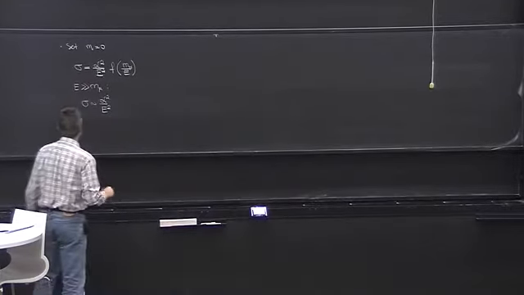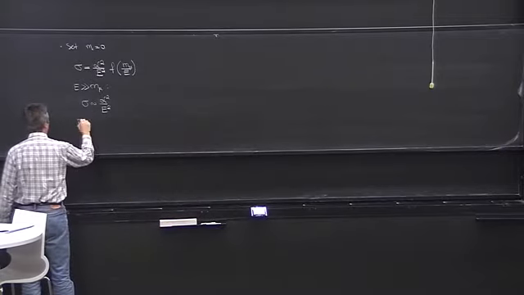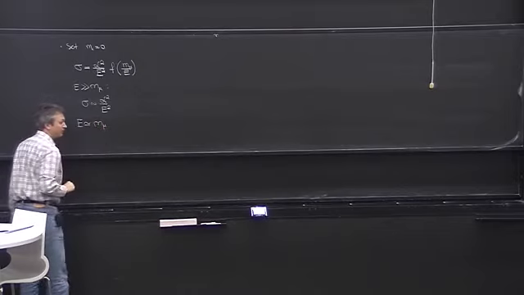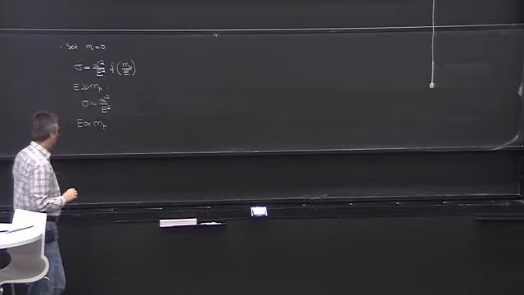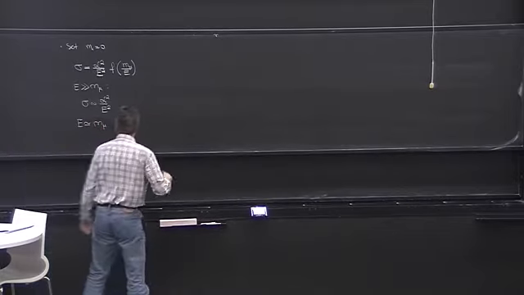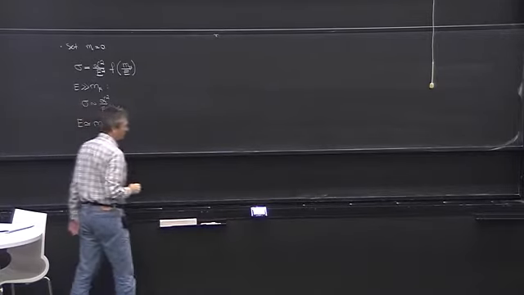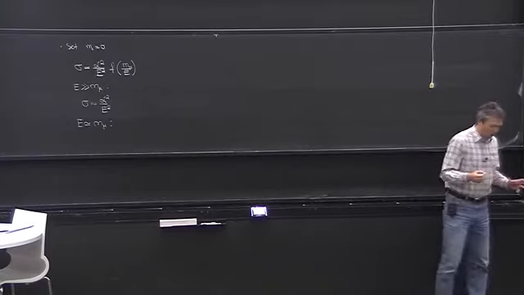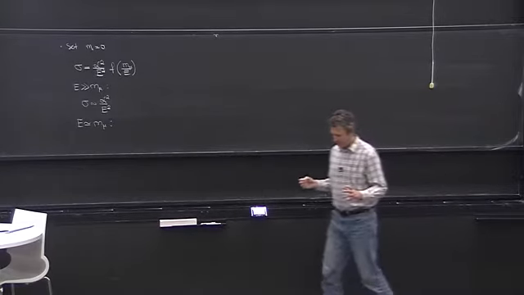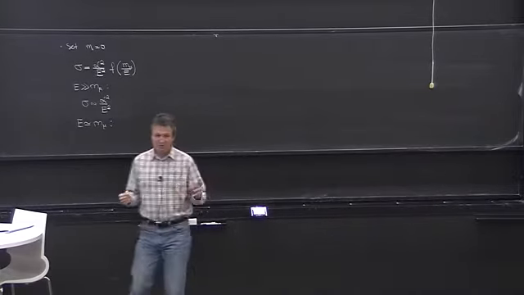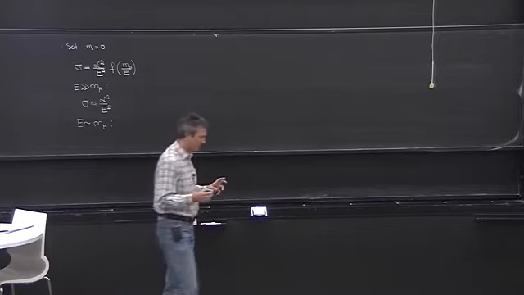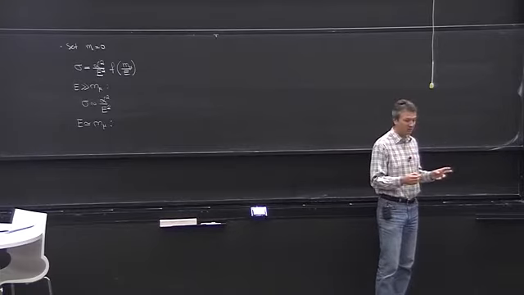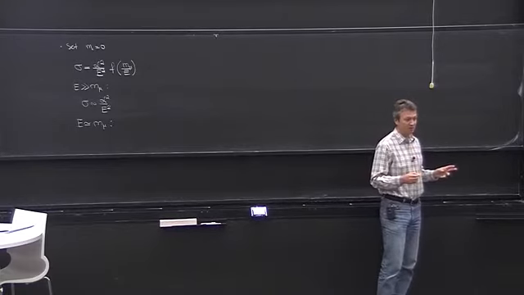We can also estimate what happens when energy is very close to threshold. Then we can invoke the following argument. If you recall the formula for the cross section, it has two ingredients: the matrix element squared times the integral over the phase space.